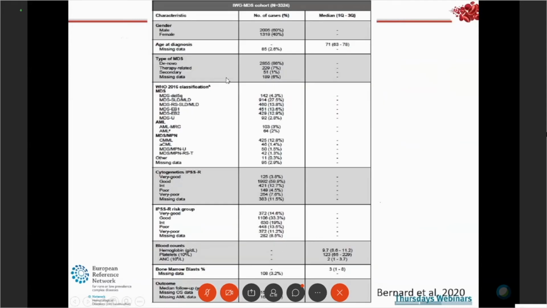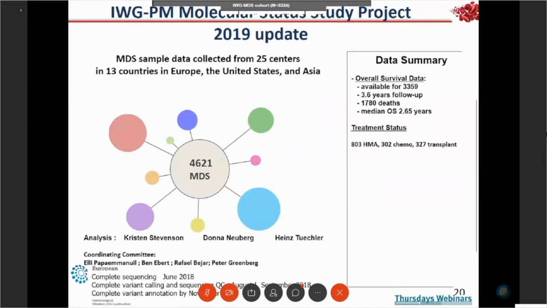Of all these patients, we had clinical annotation and therapy annotation, so that we could really evaluate the prognostic weight of mutations in MDS. This was done in 25 centers in 13 countries in Europe. Now, the data are quite mature and will be presented at the next ASH in a couple of weeks.